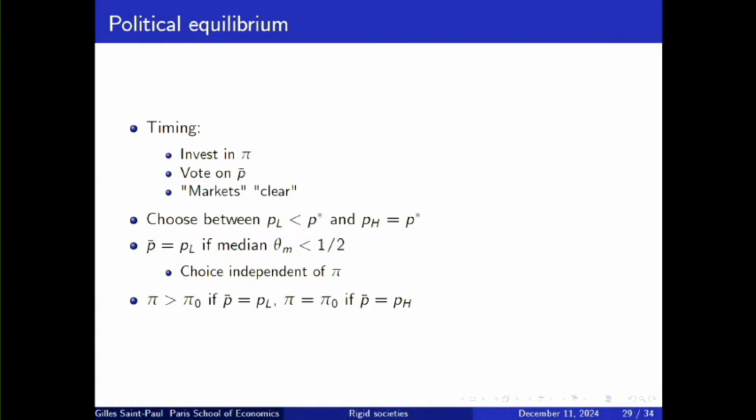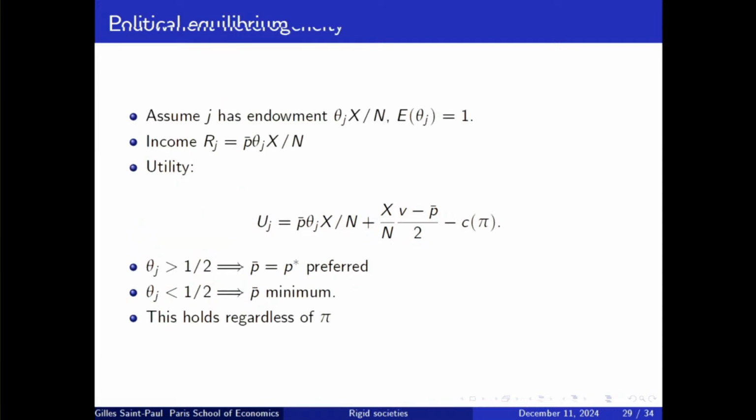Okay. And then this is your utility when you vote on flexibility and rigidity. If you expect rigidity to prevail, then even though it's a zero-sum game, you are going to invest in your own network to get better access to the goods.